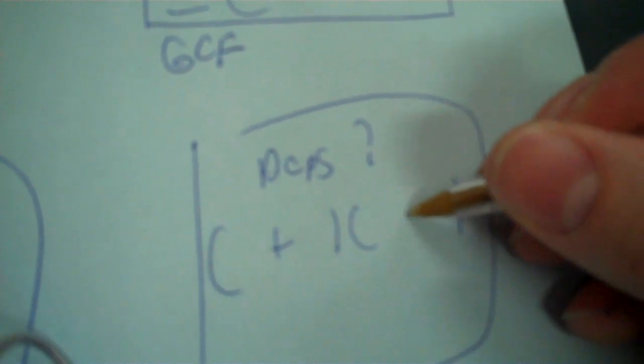X second minus 16. So that's 2 terms. So that would be GCF and dots. No x, so negative, that'd be 1. Minus, you got 1 times 1, x, 16's 4 times 4.